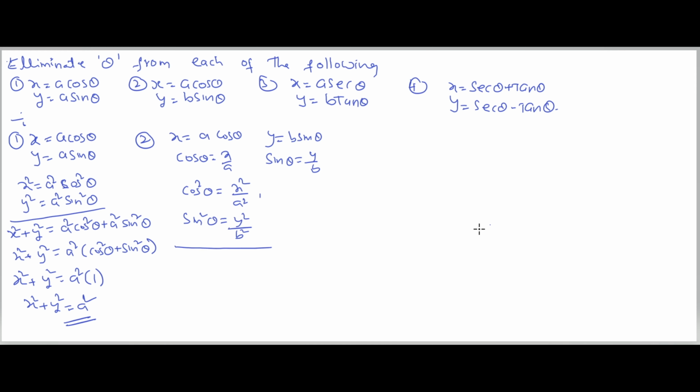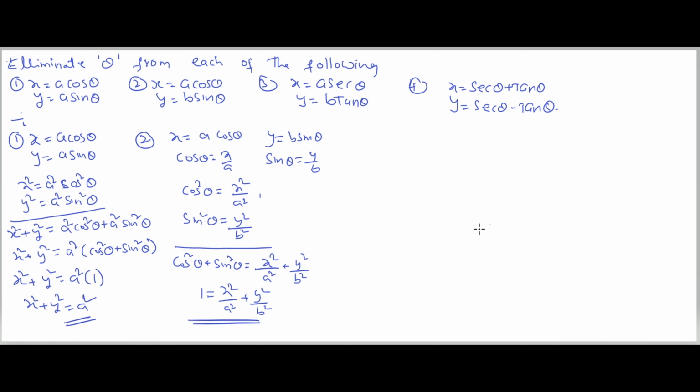Add these two equations, that is cos square theta plus sin square theta is equal to x square by a square plus y square by b square. Cos square theta plus sin square theta is 1, that is 1 is equal to x square by a square plus y square by b square.